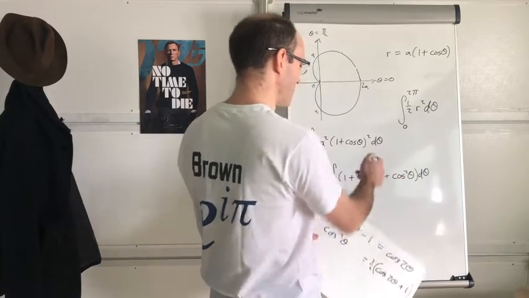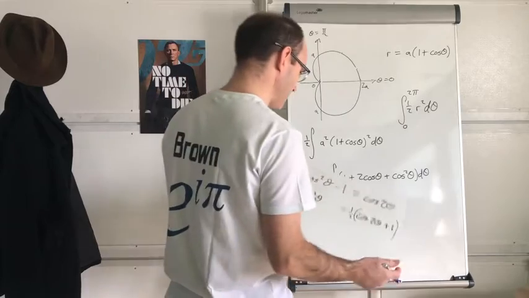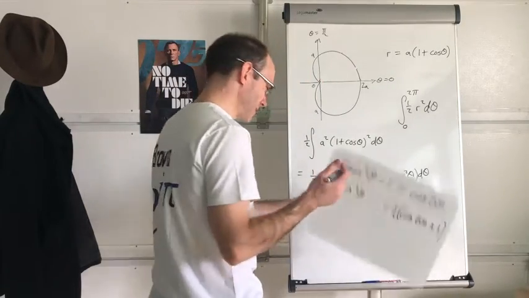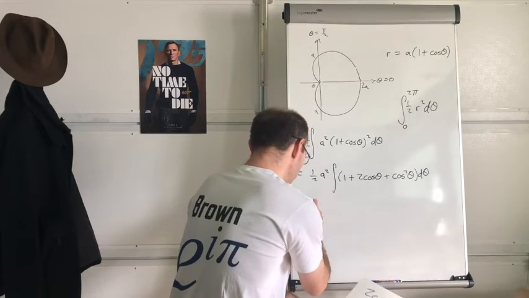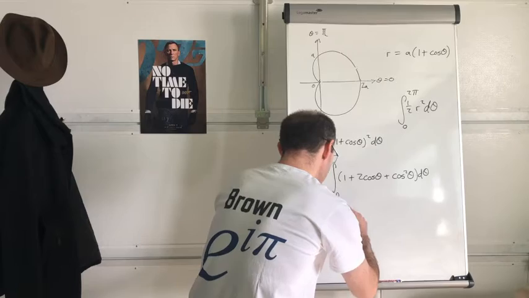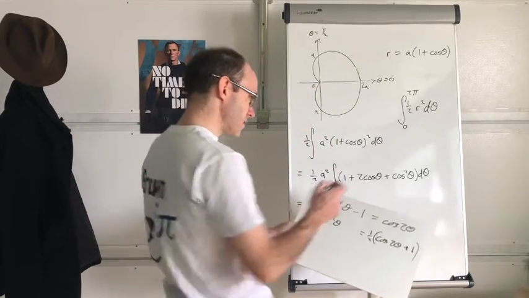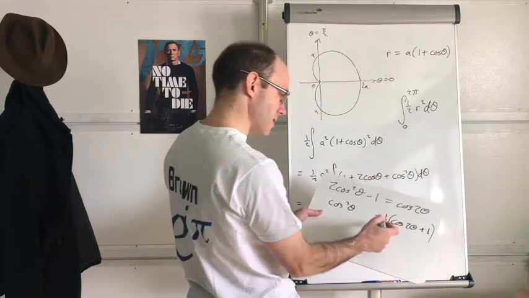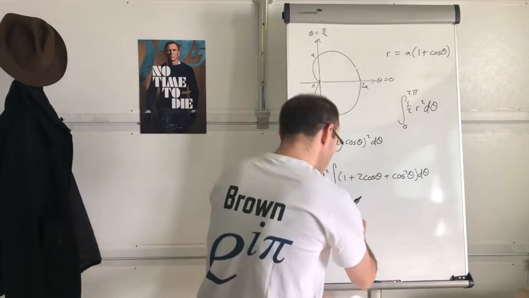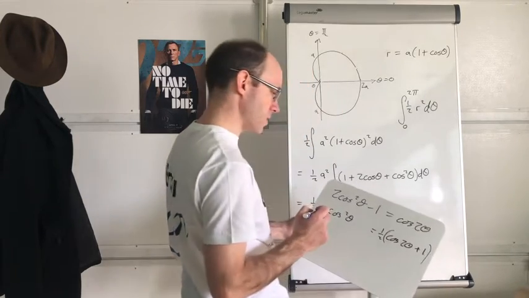I suppose I could have put it on this board, but anyway, let's just leave it. This is awkward. Where did I put it? I'll put it there. So half a squared integral of, let's add these things together. So cos squared theta is going to be a half cos 2 theta plus a half. So 1 plus a half, can I write in 3 over 2 there? Of course I can. I'm sure you won't mind.